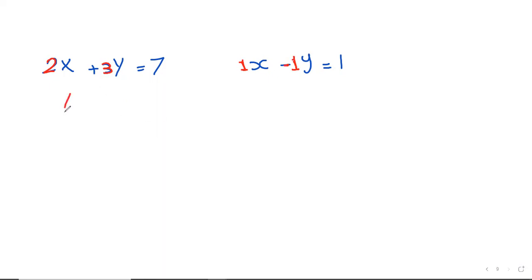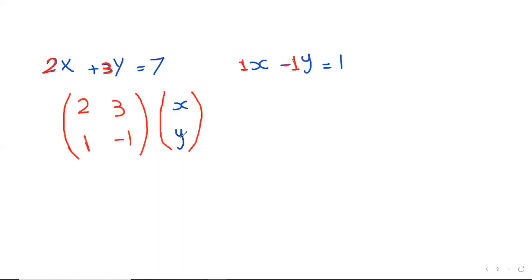So here we have a matrix of coefficients. Write x here 2 and here 1. And write y here 3 and negative 1. If you multiply them by the variables x and y, they are the variables. And if you multiply them, look here, it's a 2, multiply the row by a column to get an element.